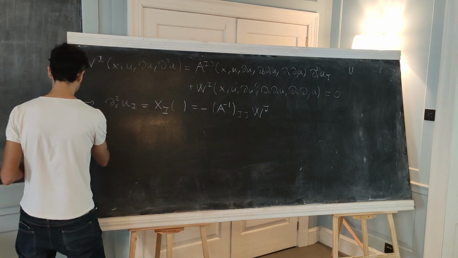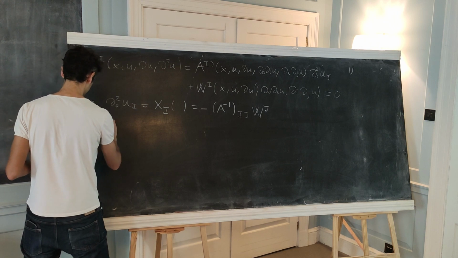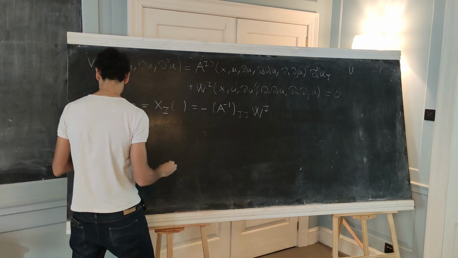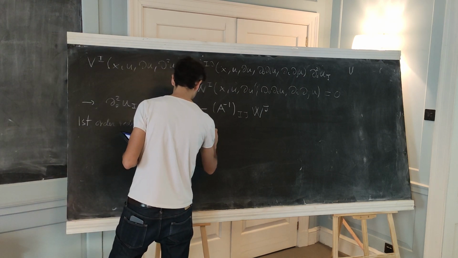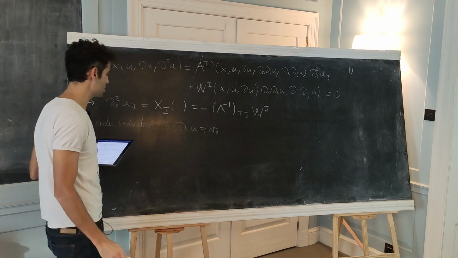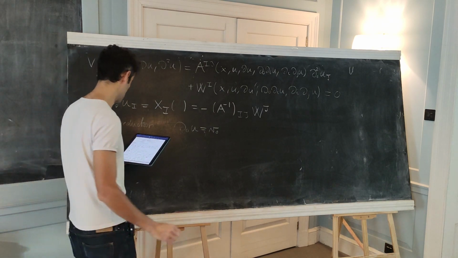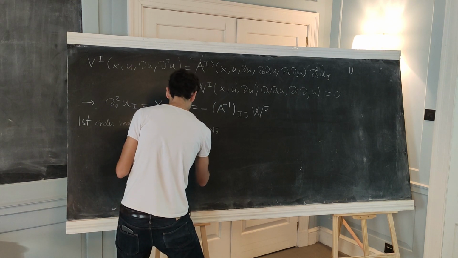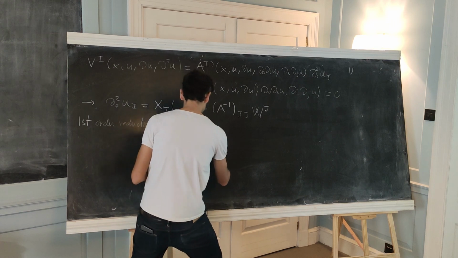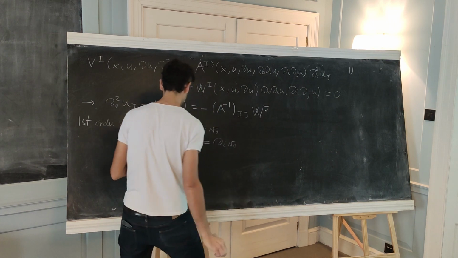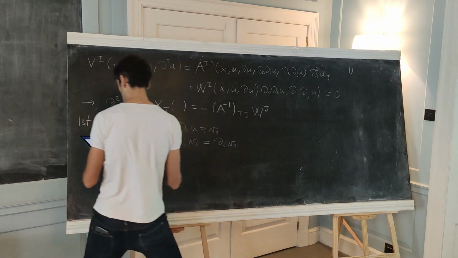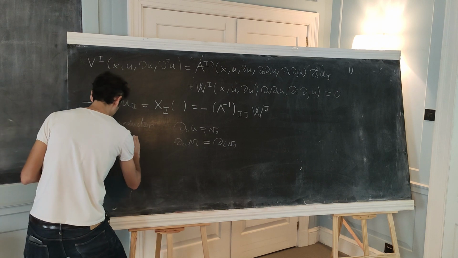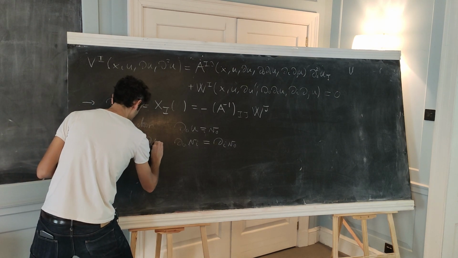So the first order reduction is that we introduce a new variable, b naught, which is just the time derivative of u, and the evolution equation. We introduce a new variable which is the time derivative, and spatial derivatives.